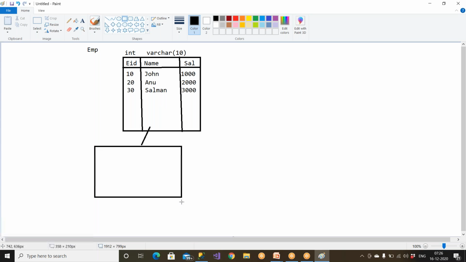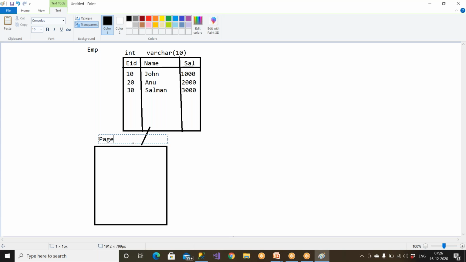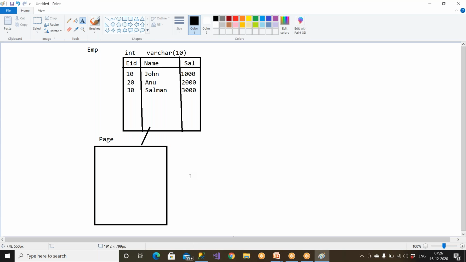Do you remember? I told you yesterday. All the data, when you store it in the table, is going to go to your page. I told you a lot of examples yesterday. You take pizza, the pizza as it is will not be there. Pizza will get converted into glucose, carbohydrates, vitamins, and at the end of the day, it will go into the blood.